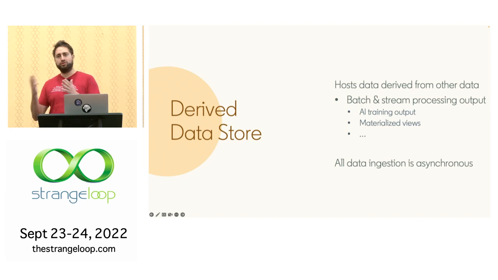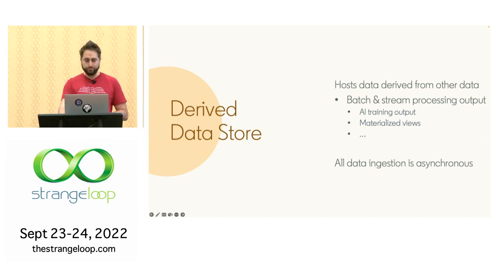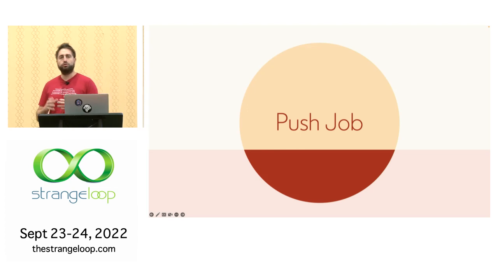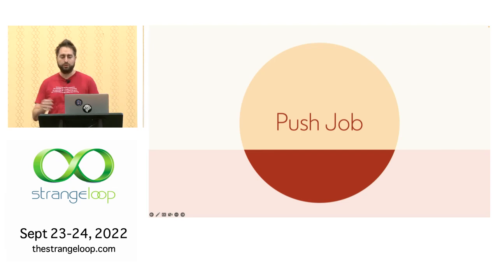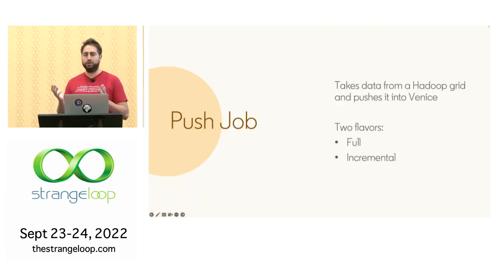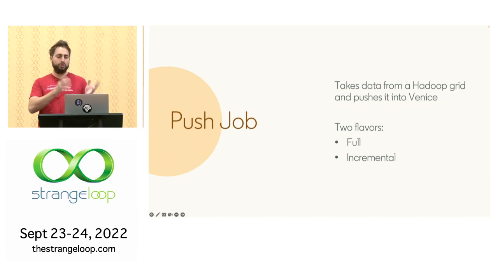And it is also a design choice that helps us carry out very high throughput ingestion, as I will also talk about. So the most popular way at LinkedIn to put data into Venice is using what we call the push job. The push job is essentially taking data from a Hadoop grid and pushing it into Venice.